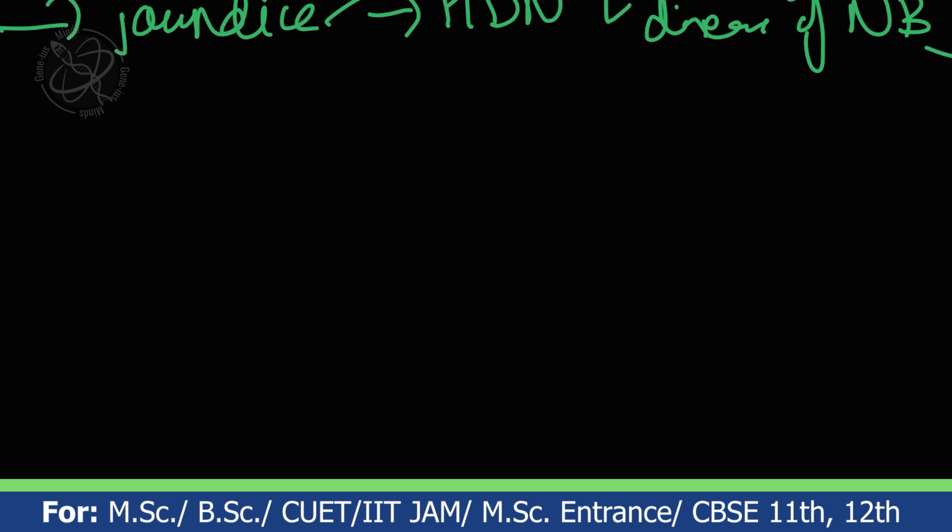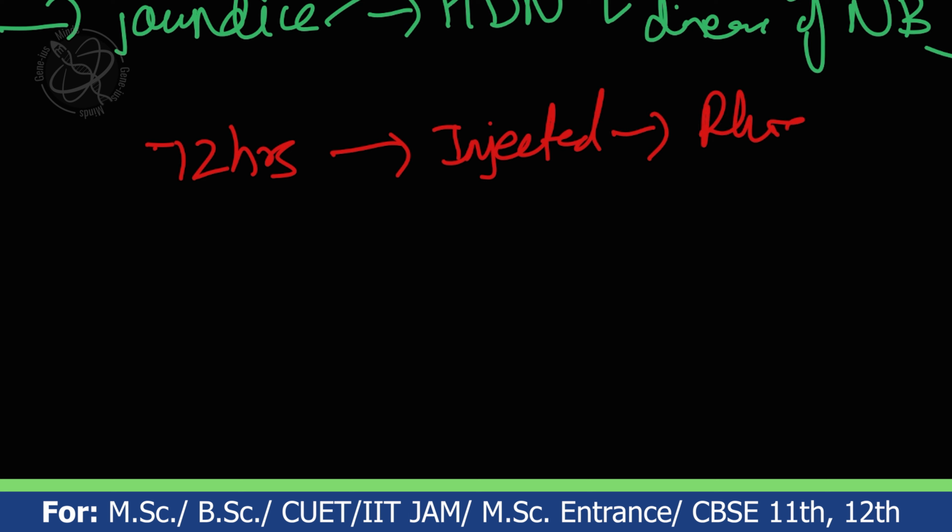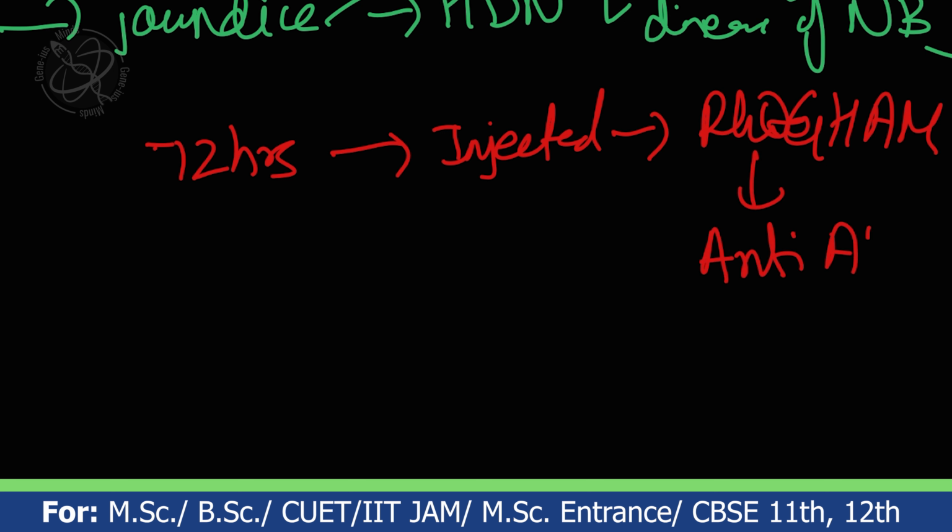In order to prevent this, during the first pregnancy, whenever the first child is delivered, the mother within 72 hours is injected with Rhogam. These are a type of antibodies which will dilute the antibodies produced in the mother's body.